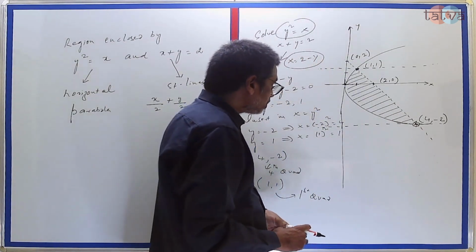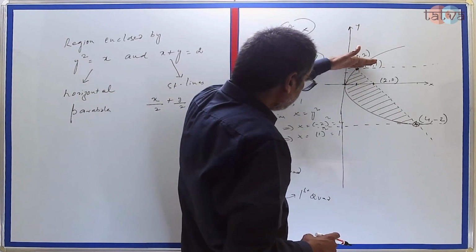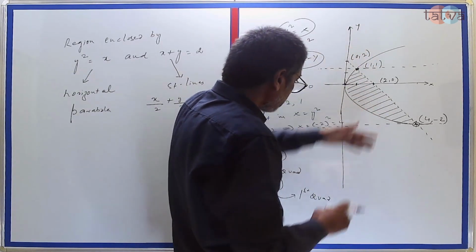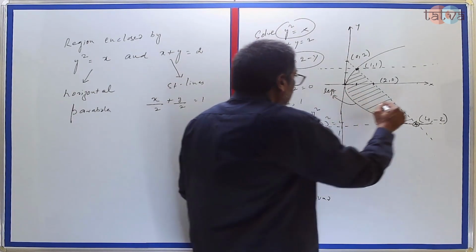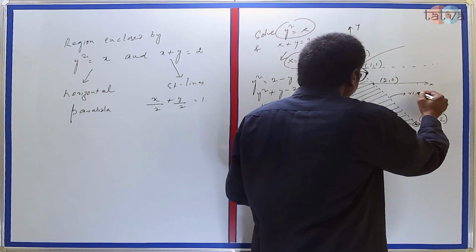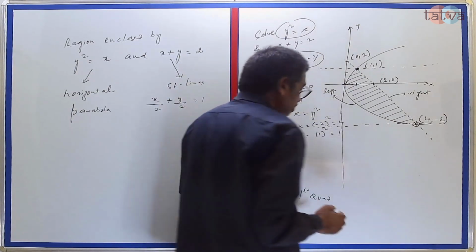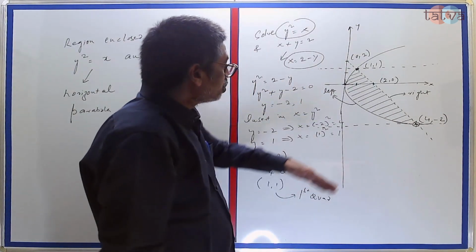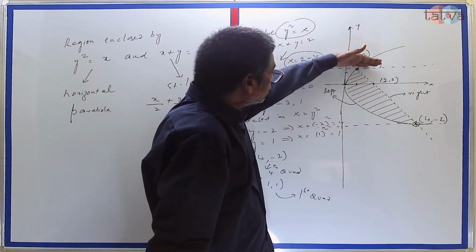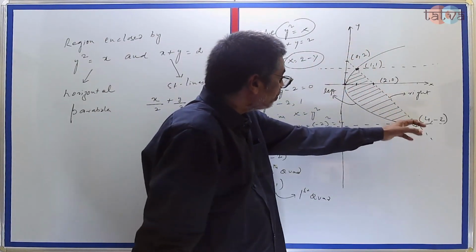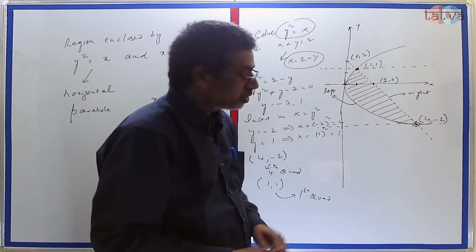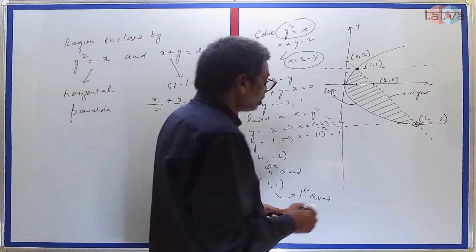Now what you have to do is observe whether between these two horizontal lines, this left curve and that right curve have any intersections in between. I don't see them intersecting anywhere. So this is definitely an Ry region.